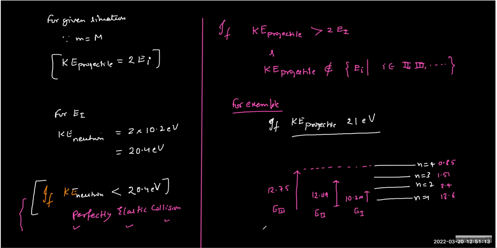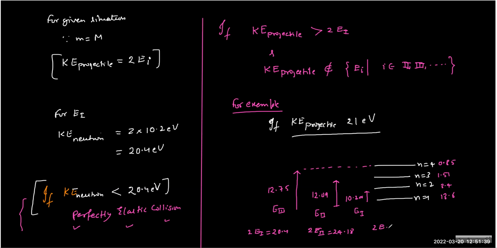Now let's make it double. So what is 2E1? 20.4. Or you can make it half also. You can just think like this. So if the Ke is this much, okay, anyway, we should make it double, that's better. So 2E2 is how much? 24.18, right?